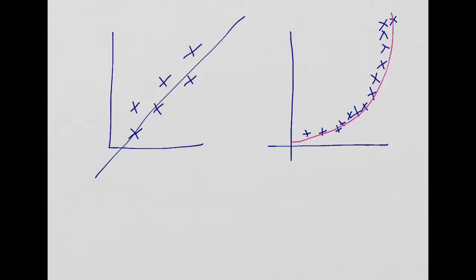So what we can do is use our logarithms to take nonlinear data, which would be here, and by using logarithms we can make that data linear, by taking logs of different parts of the expression.